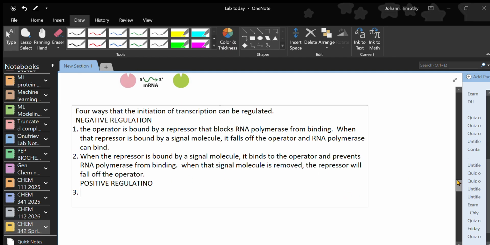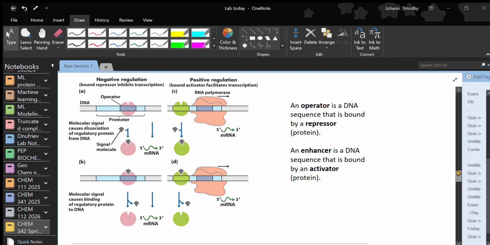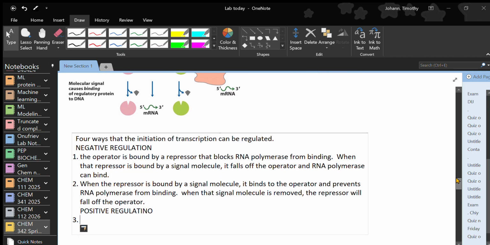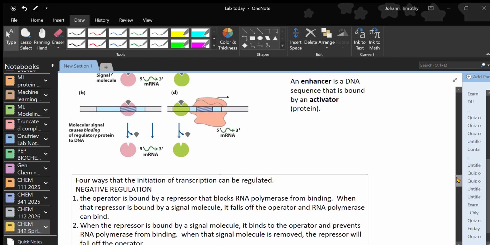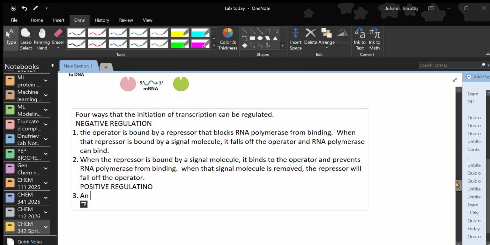But for positive regulation, what we've got going on here is we have this activator, okay? So an activator binds to, or is bound to the enhancer.